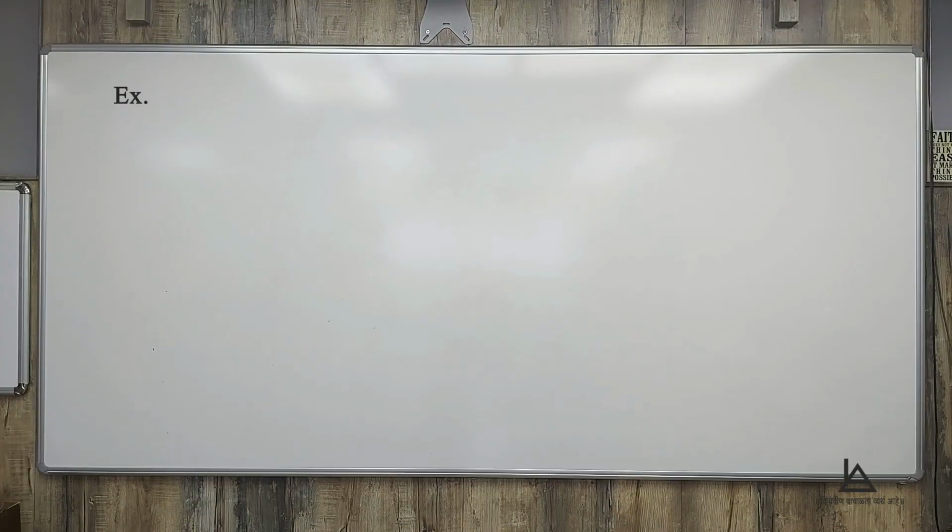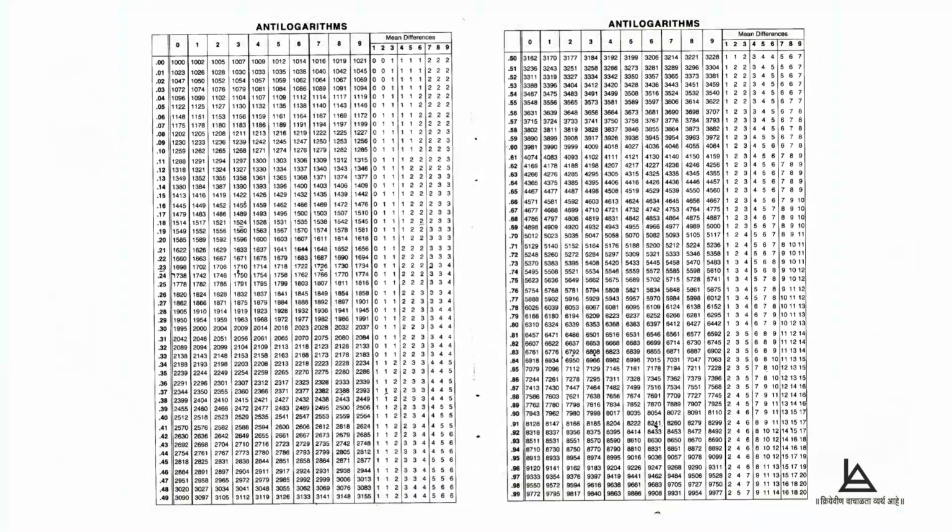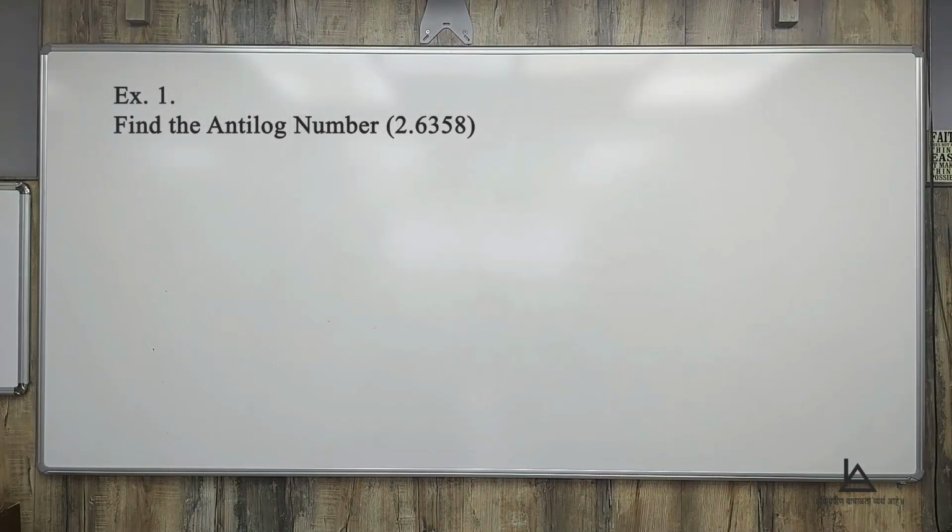Let us find antilog of, say, a number 2.6358. For this, we will need the antilog table. And this is how the antilog table looks like. Here, we have to find the number whose log is equal to 2.6358.